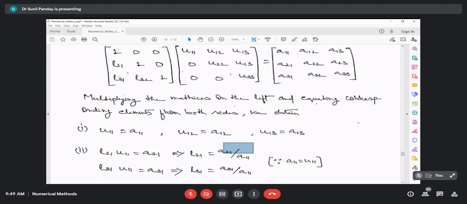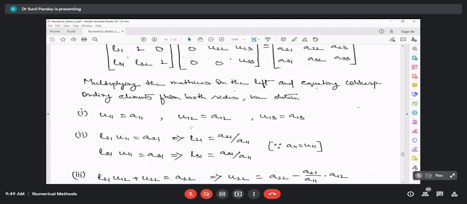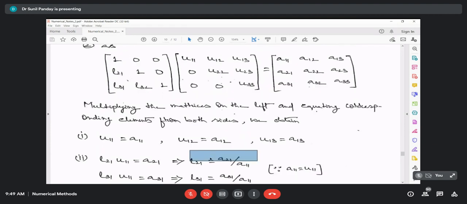Similarly, to get this entry, I will multiply this row by the first column. I will get L31 U11 equals A31. So L21 and L31 are obtained because A21, A31 and A11 are known to us. These unknown values are now known to us. Now these three and this one are remaining.